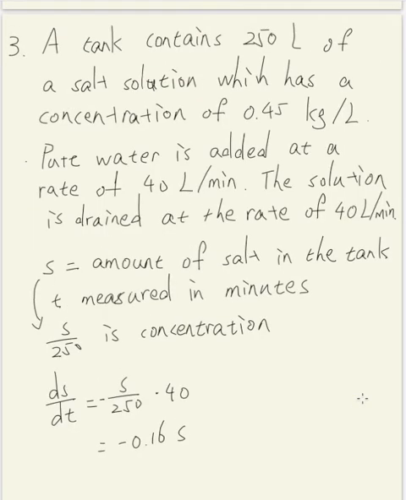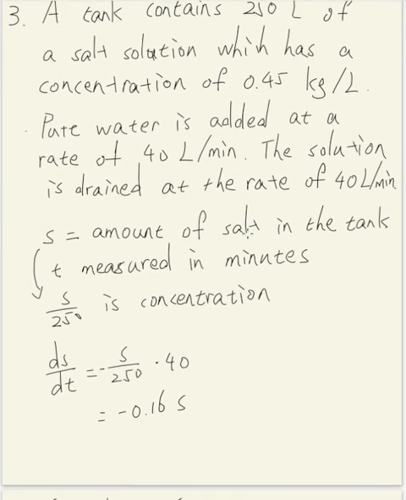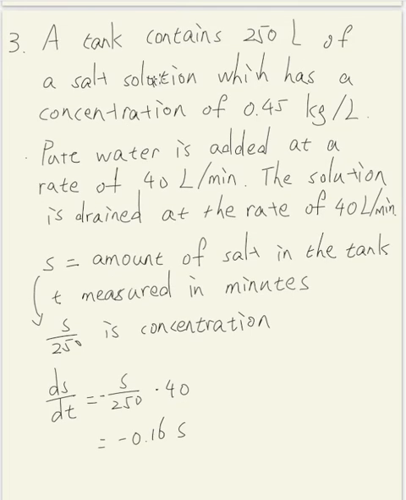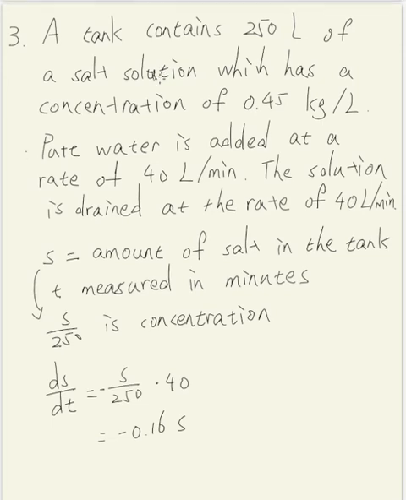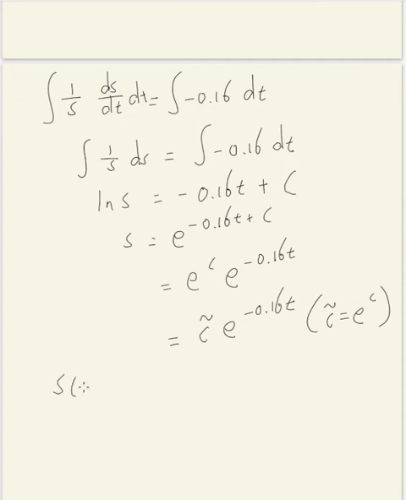All right. Then we notice the first sentence of the problem gives us an initial condition. It says the tank contains 250 liters of salt solution with a concentration of 0.45 kilograms per liter. That means at time 0, the tank contains 250 times 0.45 kilograms of salt. So we have S of 0 equals 250 times 0.45.